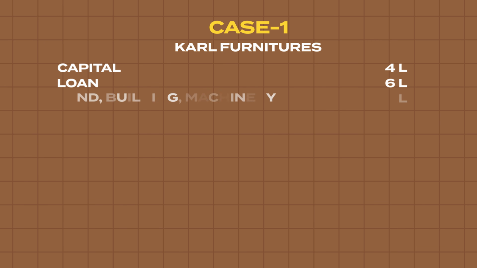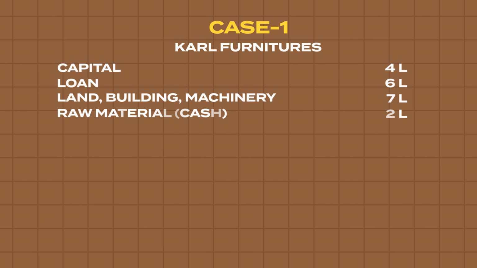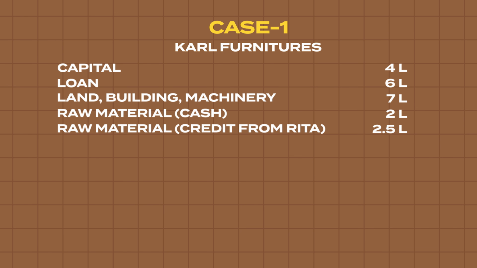Then they used 700,000 to buy land, building, machinery in order to make that furniture. Then they purchased raw materials of 200,000 against cash payment. They also purchased 250,000 worth of raw materials on credit, let's say from a vendor called Rita.